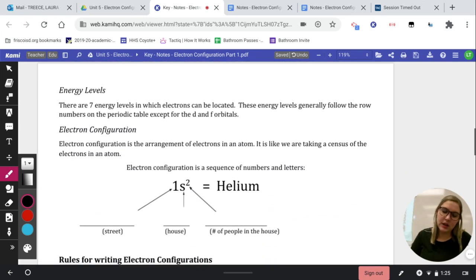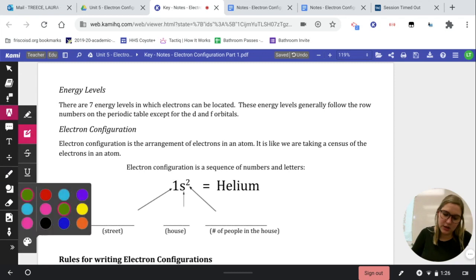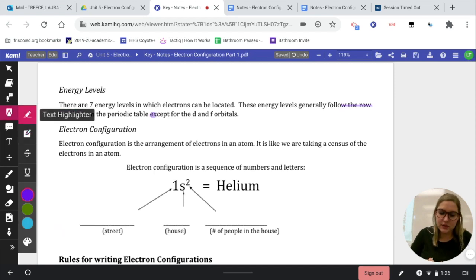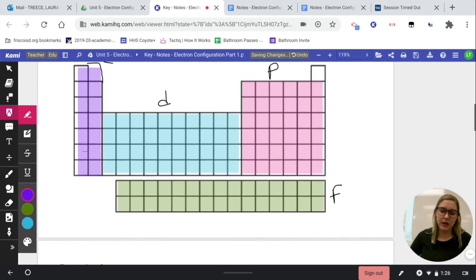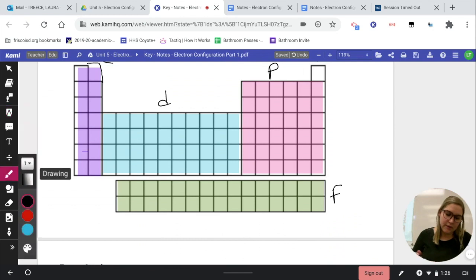All right. So energy levels. There are 7 energy levels where electrons are located. In general, they follow the row of the periodic table, except for the D and F block. So we have row 1, 2, 3, 4, 5, 6, and 7.